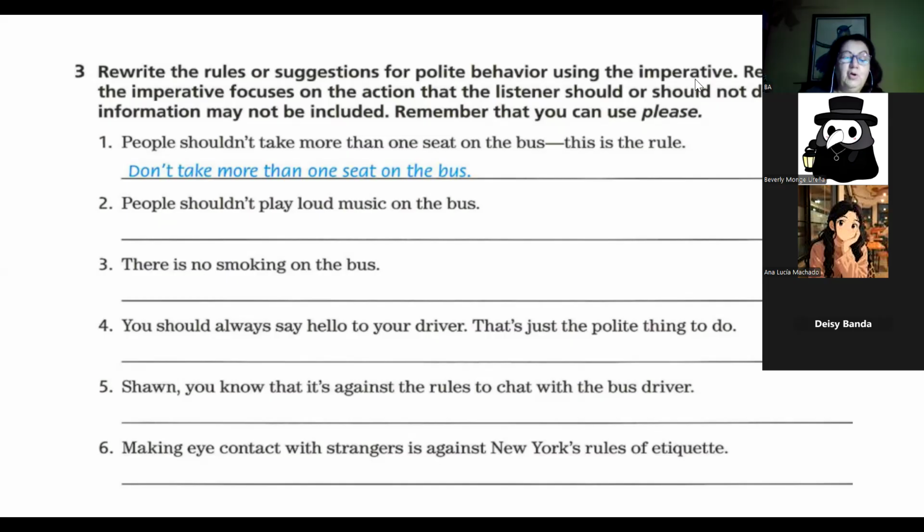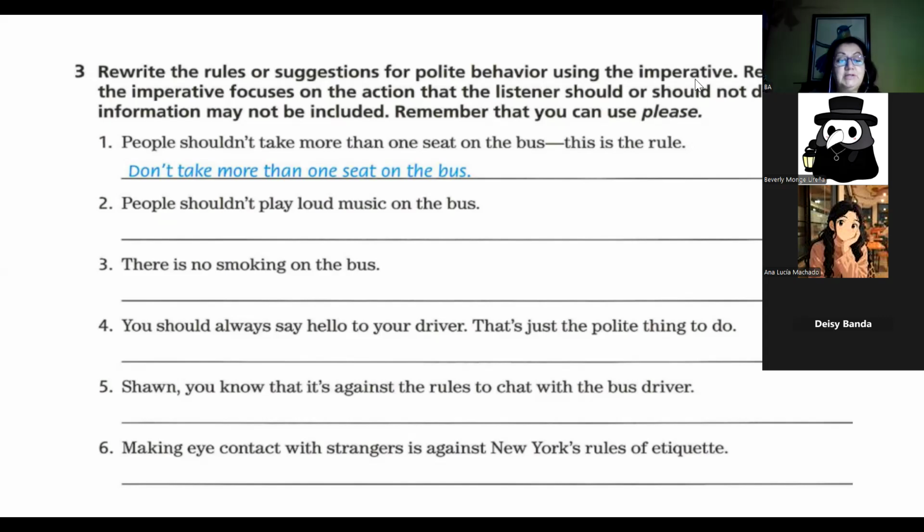Not exactly. Almost. This is a complicated one. Let's see. Sean, comma, because I'm talking to Sean, and then: Don't chat with the bus driver. Sean, don't chat with the bus driver.